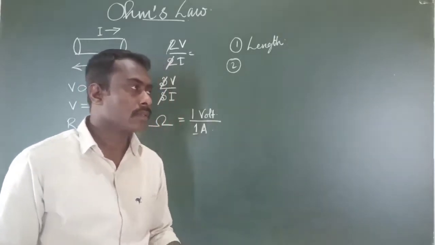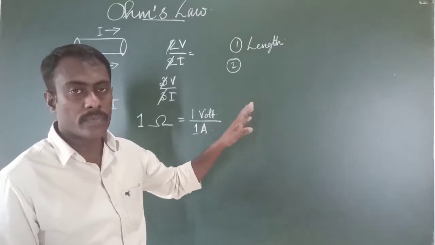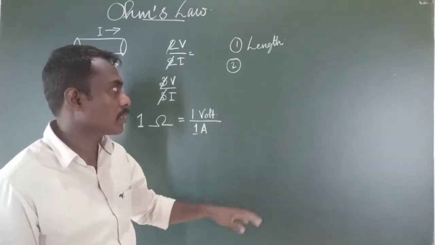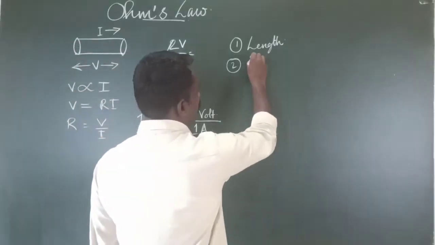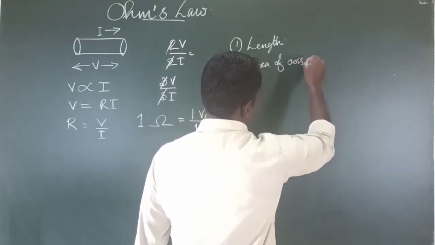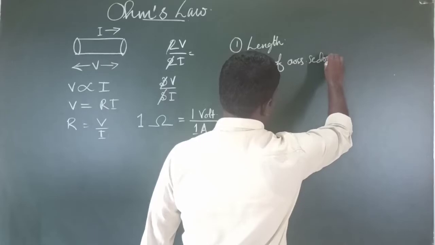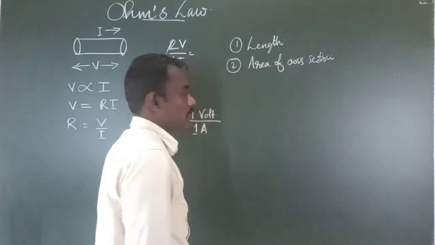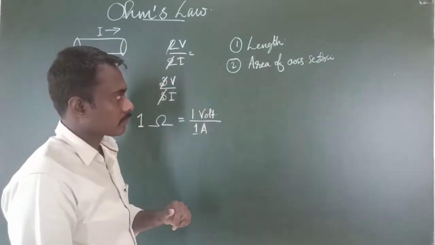Therefore, a thin wire will offer more resistance. That means the area of cross section is another factor on which the resistance of a conductor depends.